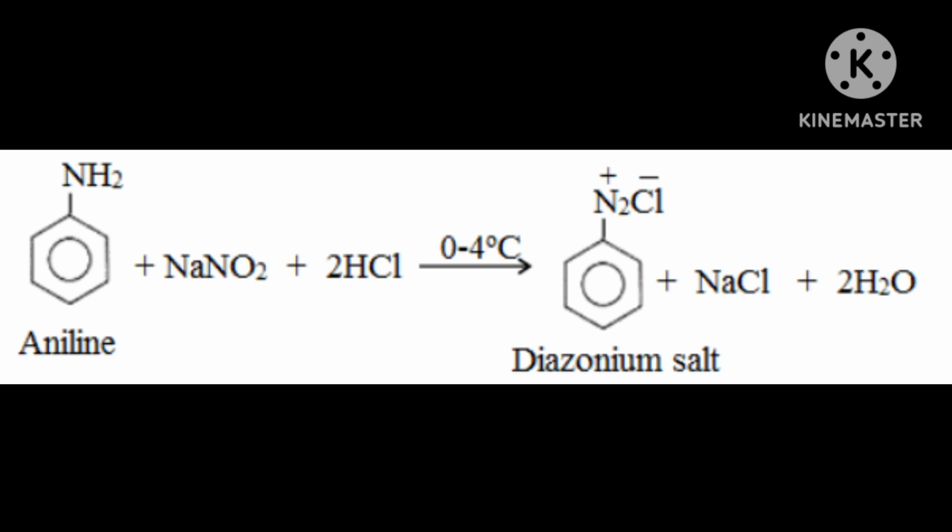Now N became a double bond. Correct? One N is positive and the other N is negative. After that, I have discussed two structures.